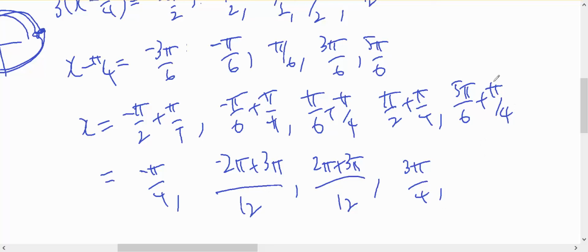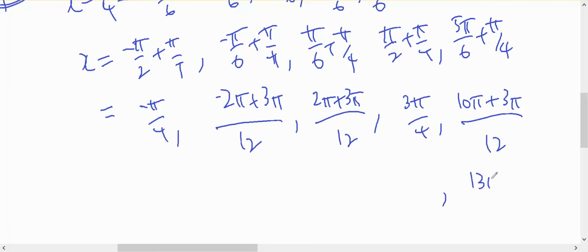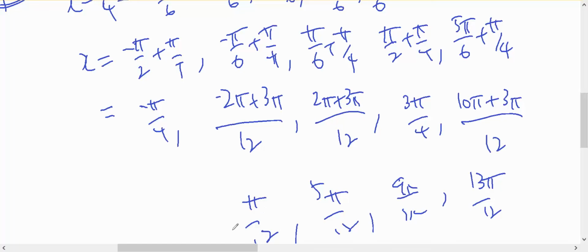And this one will be all on 12 for double that, so 10 pi plus 3 pi is 13 pi on 12. 3 pi on 4, which is 9 pi on 12. 5 pi on 12. Pi on 12, minus 3 pi on 12 is what x equals.